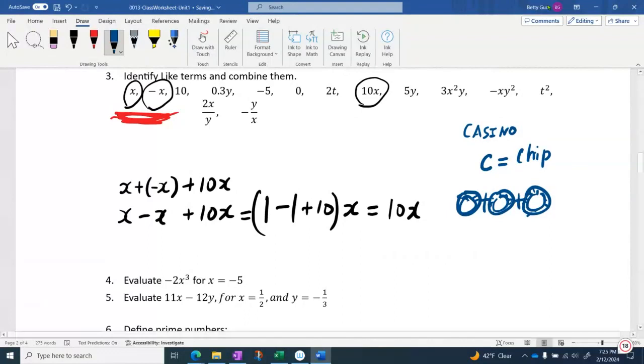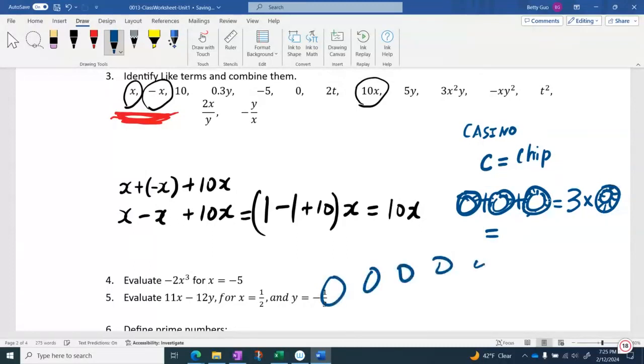You have 3 chips, and you might want to record them as 3 times chips. Because what if you have 30? Then you have to draw 30 of those chips. It's going to be very troublesome. A more efficient way to record 3 chips is 3 times chip.